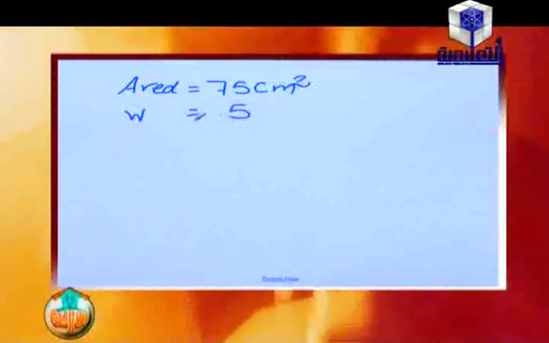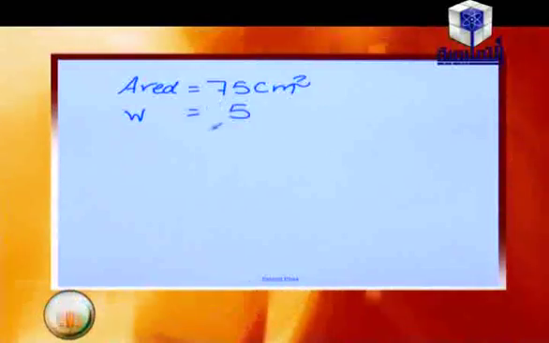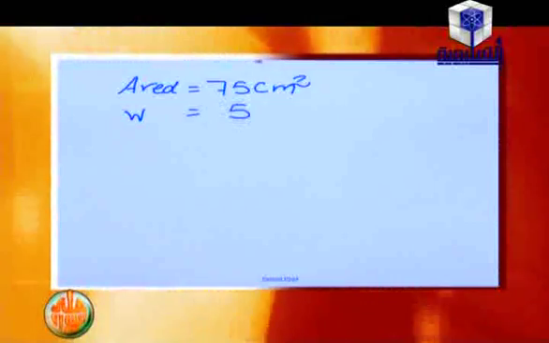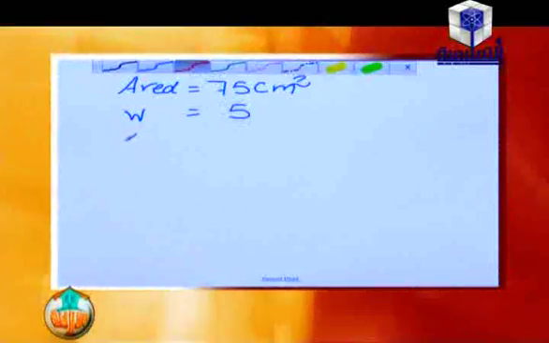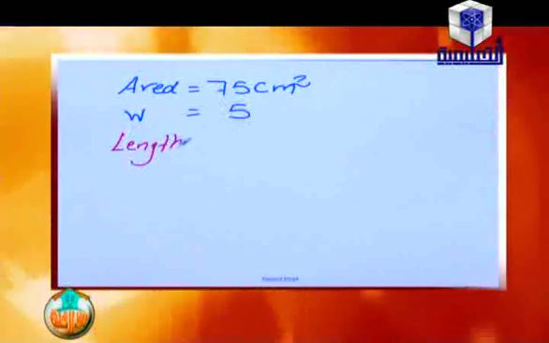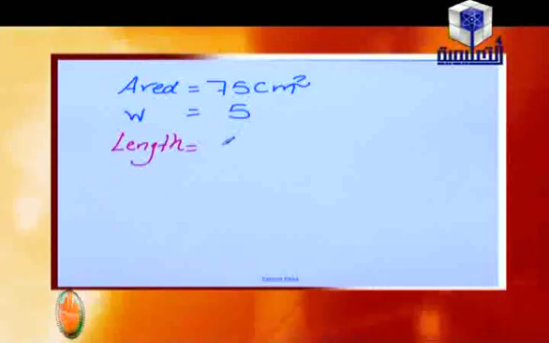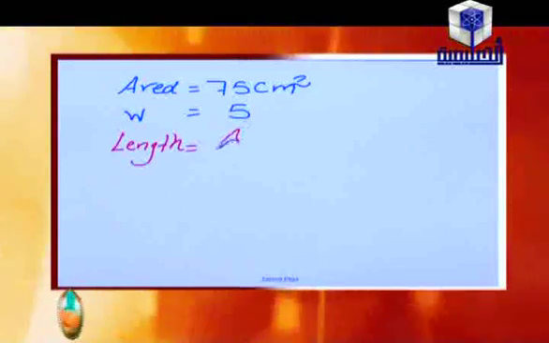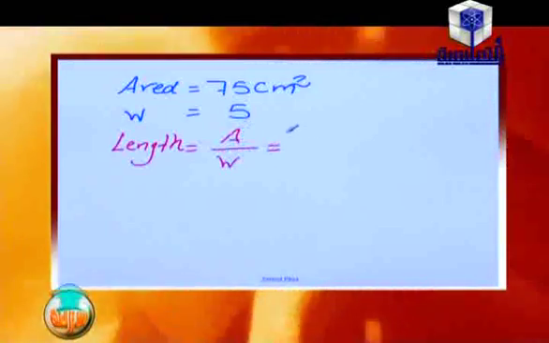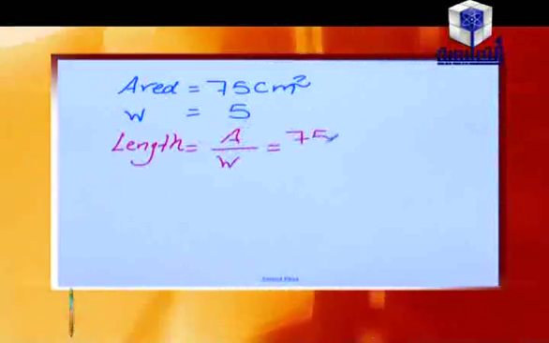Step 1. We have area and width, then we have to find the length. So the length of the rectangle equals area divided by width, because we know the area of any rectangle equals length times width.